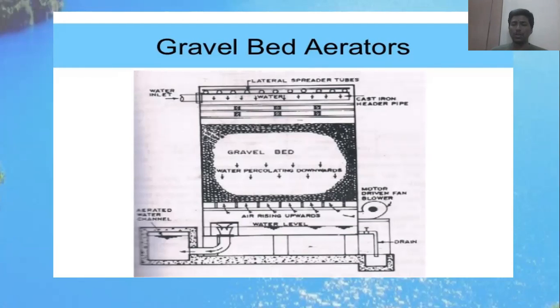The air contained in the voids, those gas particles, will dissolve in the water, and therefore the aeration process takes place. And if air is not supplied in proper conditions, air is also provided at the bottom by what we call a motor driven fan blower.